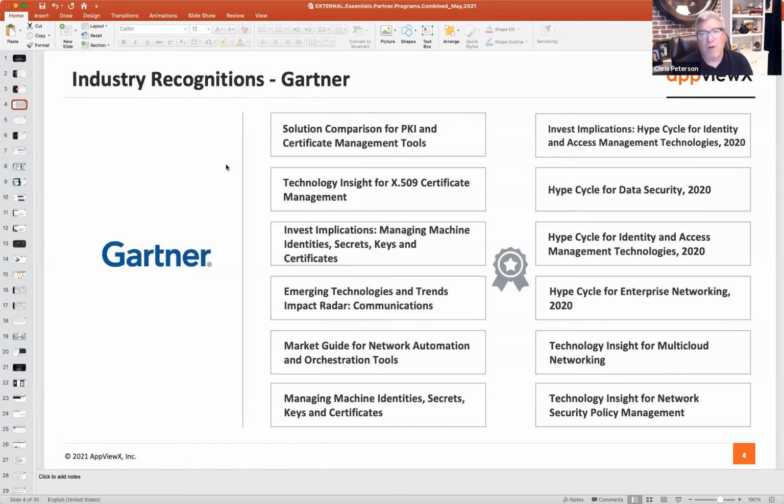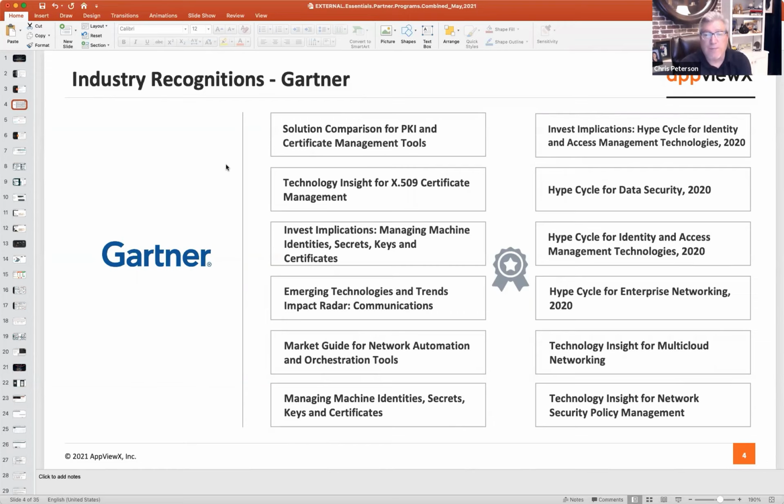So why is the market exploding? Why is it getting so hot? People are realizing that certificate lifecycle management and machine identity is a missing component in their identity and access management practice.